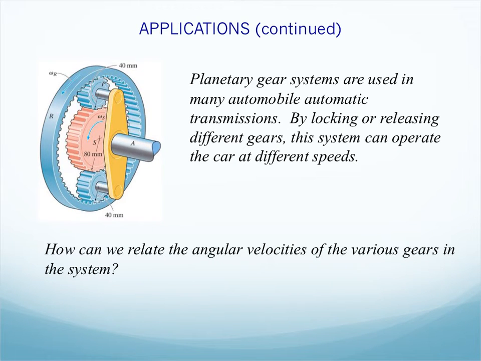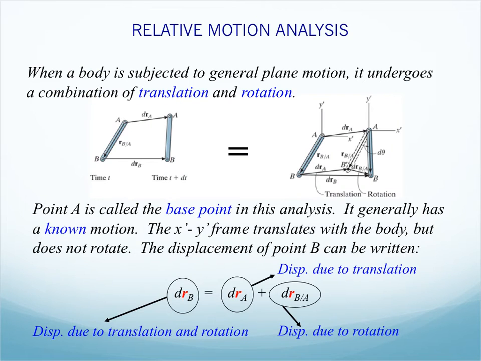Here's another example where we have some gears and they're all interrelated, and we want to be able to express their angular velocities relative to each other. So if we have some combination of translation and rotation, what we do is we choose a base point.